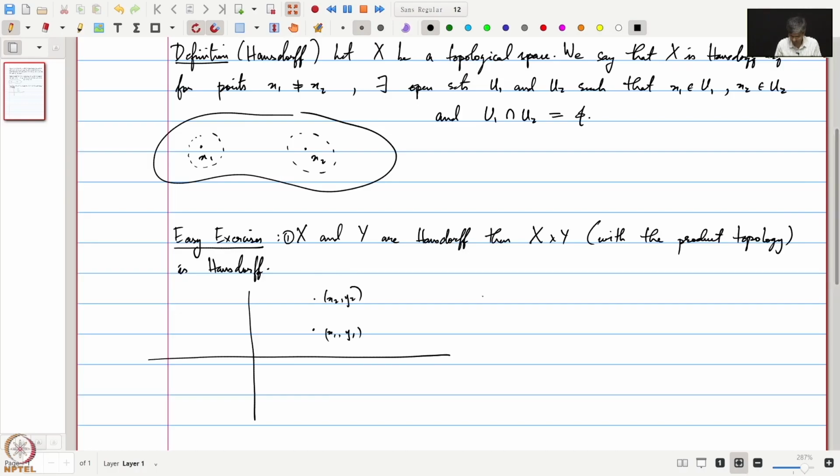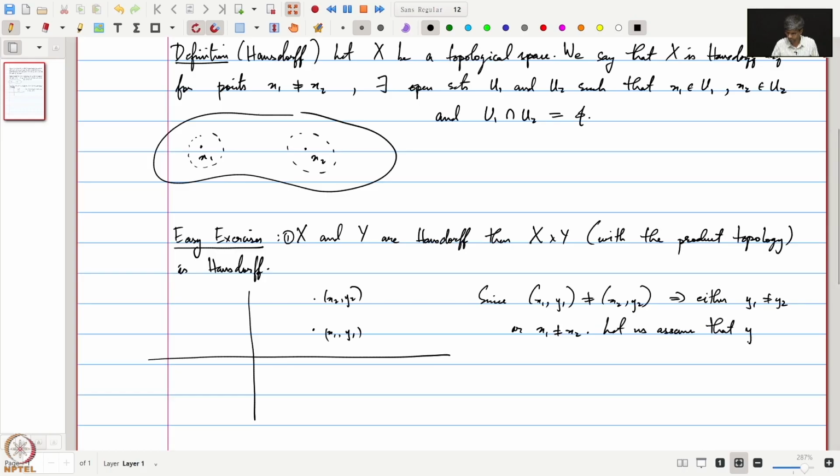Now since (x1, y1) is not equal to (x2, y2), this implies either y1 is not equal to y2, or x1 is not equal to x2. Let's simply assume that y1 is not equal to y2.